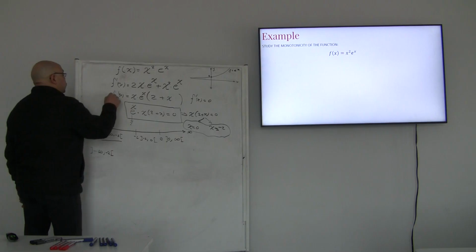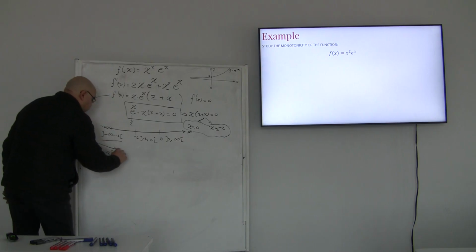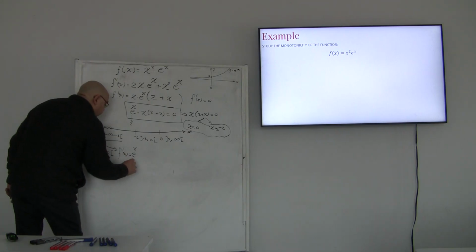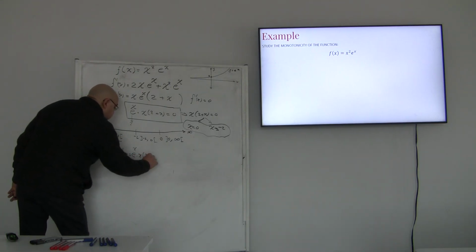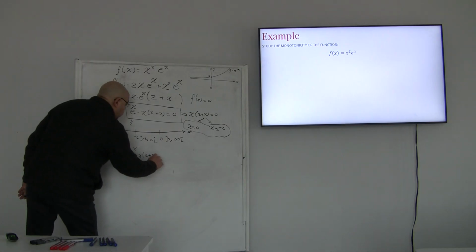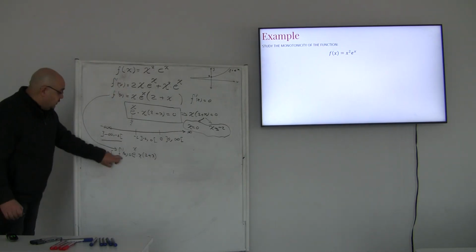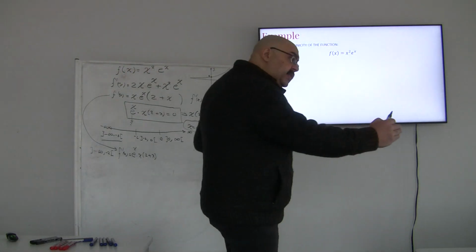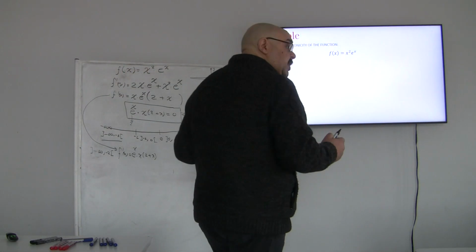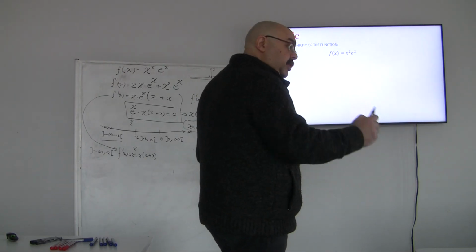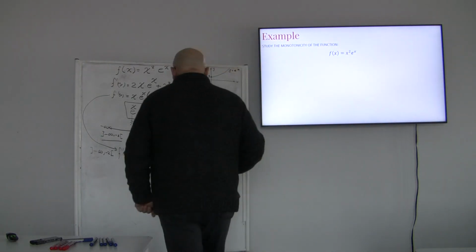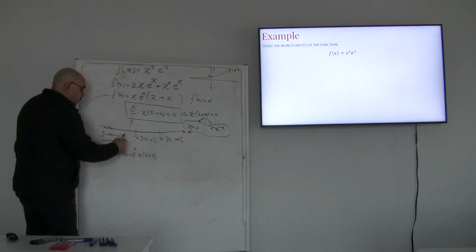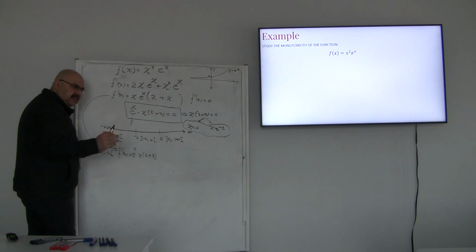For the first interval, from negative infinity up to negative 2, let's use f dash of x. f dash of x equals e to the power of x times x plus 2 times x. If this is less than 0, you will have a decreasing relationship within this interval. If this is greater than 0, you will have an increasing relationship. If I choose any number between negative infinity and negative 2, negative 3 is tempting.